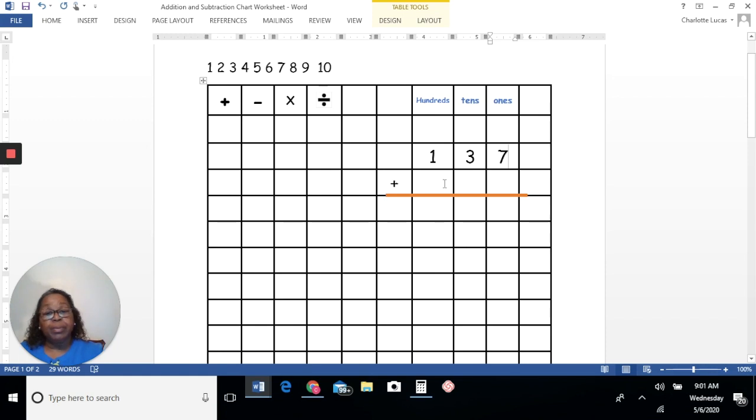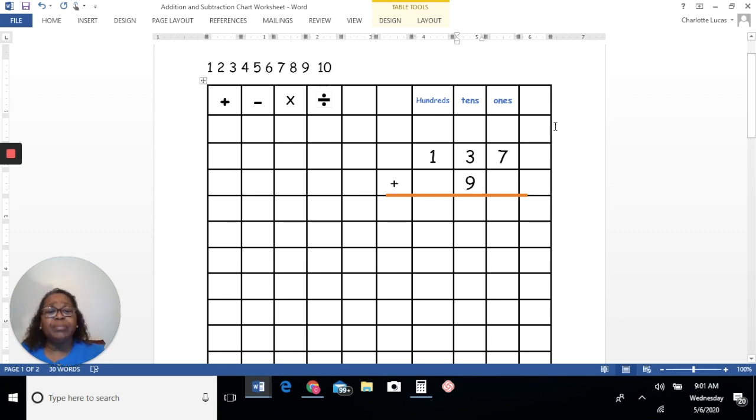Now, if we're going to write 90, would we put 9 in the hundreds place? No, because that means there's 900. We can't do that. So let's put that 9 in the correct spot, which is in the tens place. We know that there are 9 tens. Can we leave it like that?